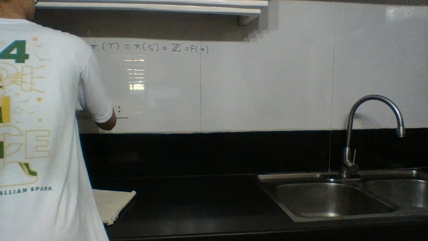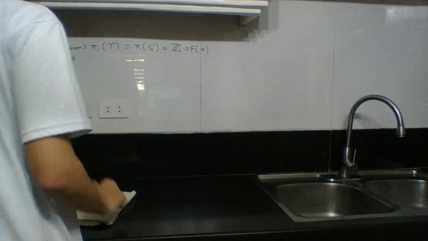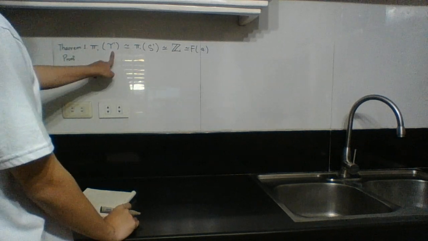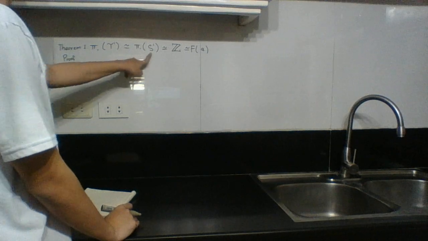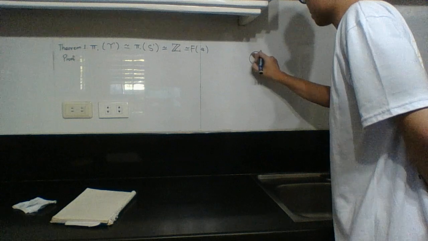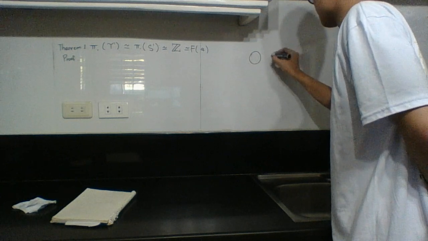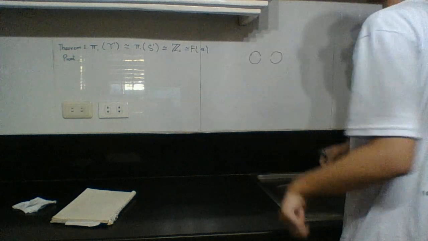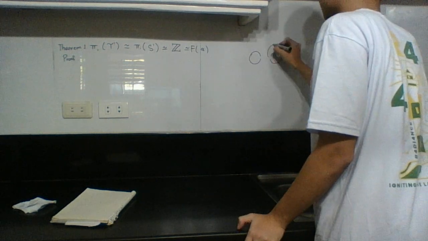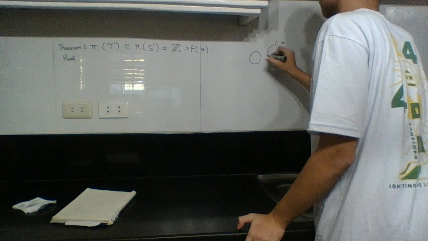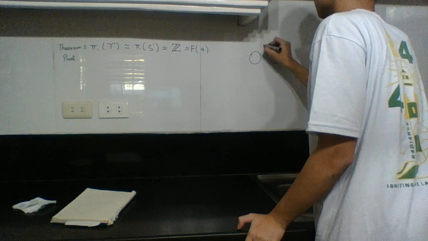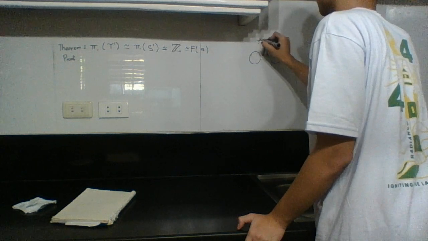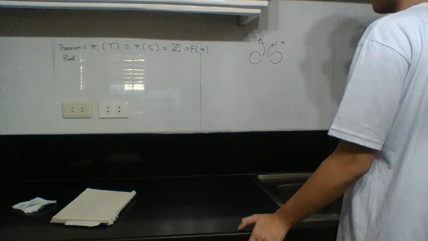So proof. You notice now that this is a gluing of this and itself. So I have an S1 here, I have a circle, and then I have another circle. And then I take away a subset alpha from both of them. So I'm going to indicate it here. I take away a subset alpha from both of these guys.